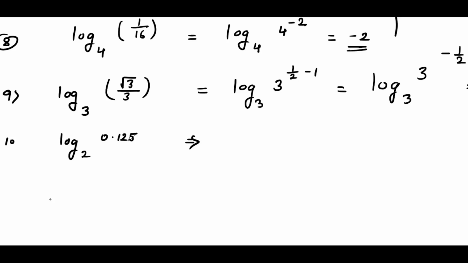So is it minus 3? Very good. It's minus 3. Wonderful. Log this 0.125 is nothing but 1 upon 8 to the base 2. 1 upon 8 is nothing but 2 power minus 3 to the base 2. So the answer is minus 3.